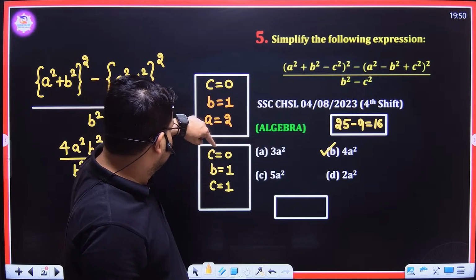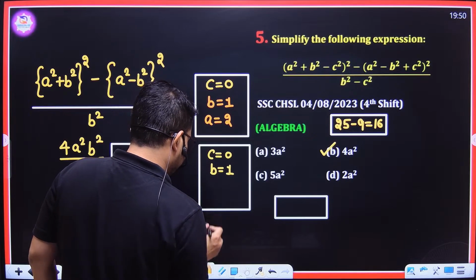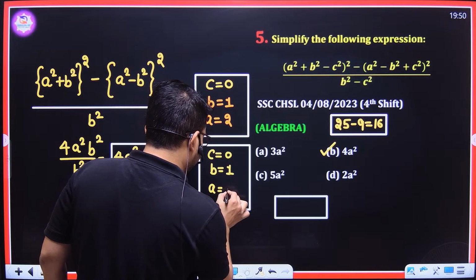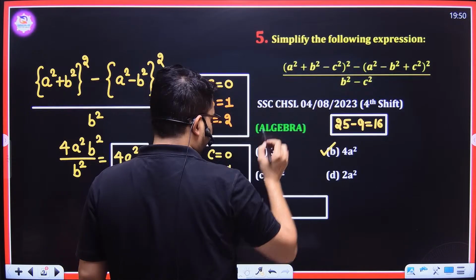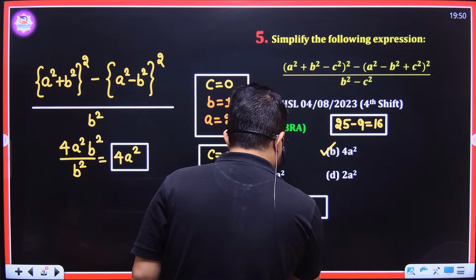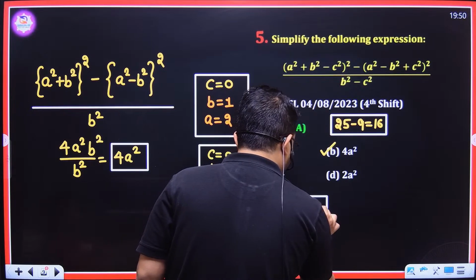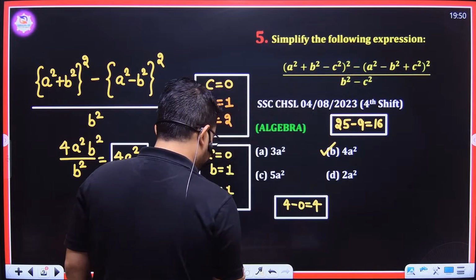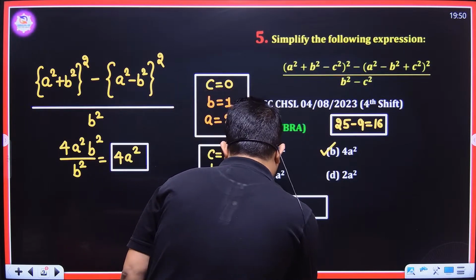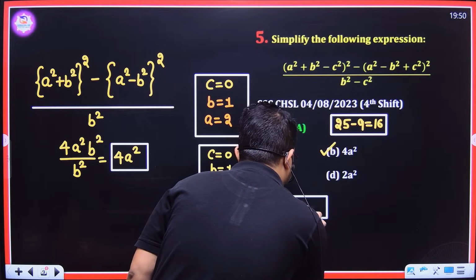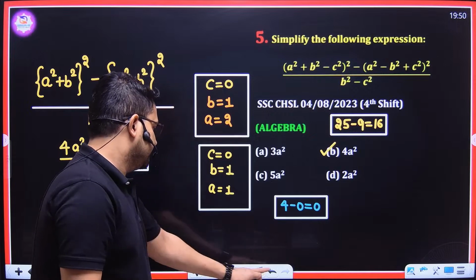See, a is equal to 1 here and a is equal to 1 here. 1 square is 1, plus 1, 2 square is equal to 4. We have 4 minus 0, equal to 4. So by putting a equal to 1, this is the option which will give me 4.